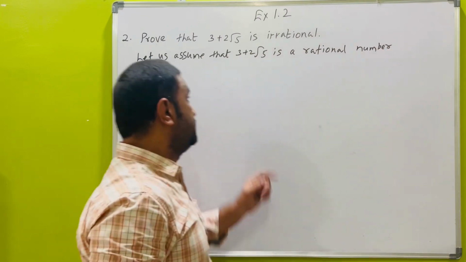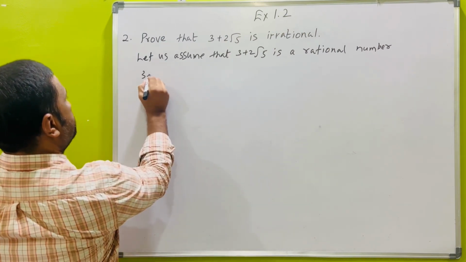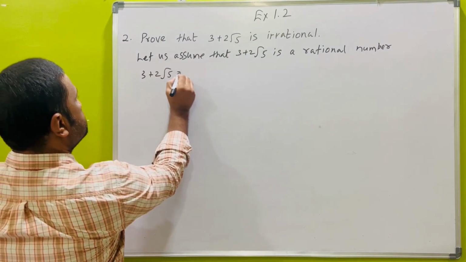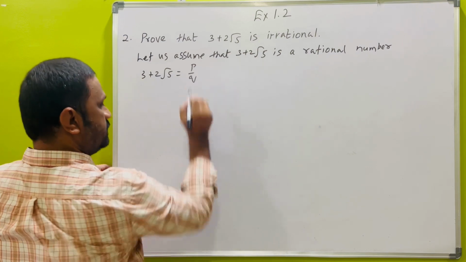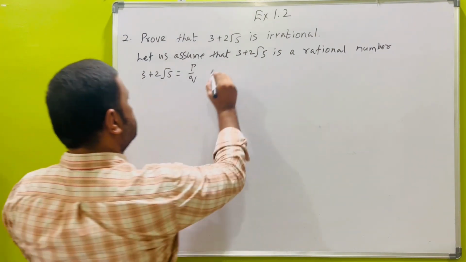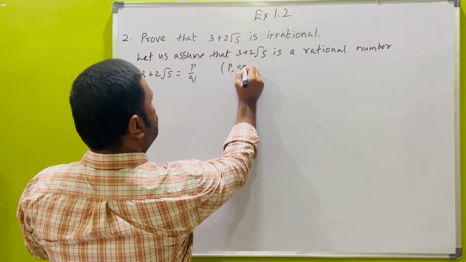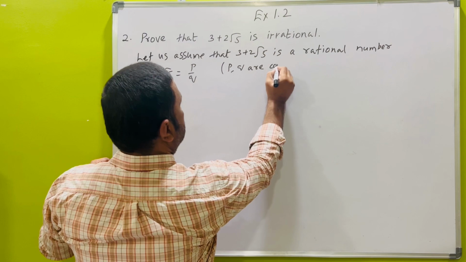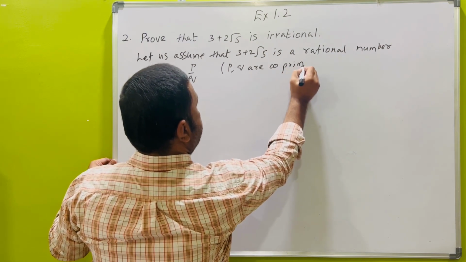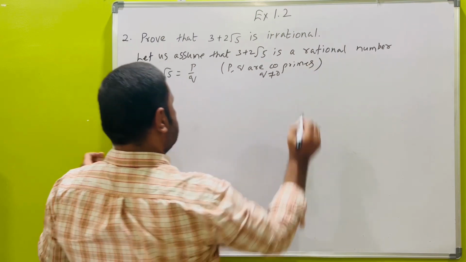Then we can write 3 plus 2 root 5 is equal to P by Q, where P and Q are co-primes and integers, Q not equal to 0.